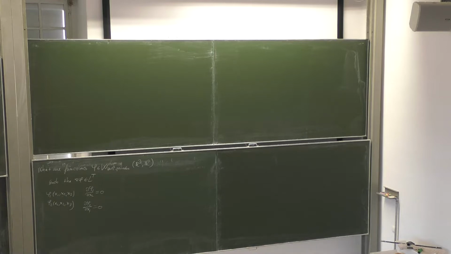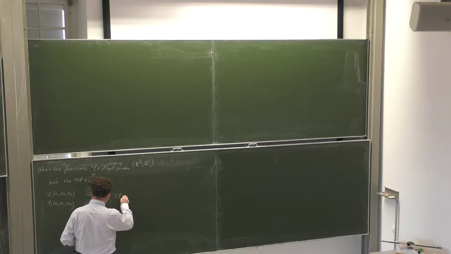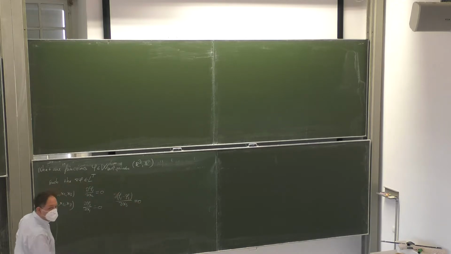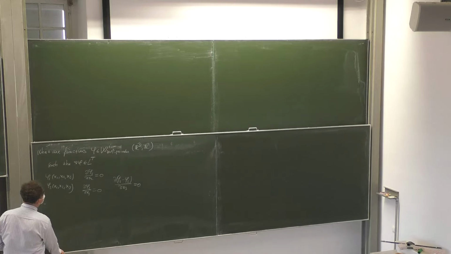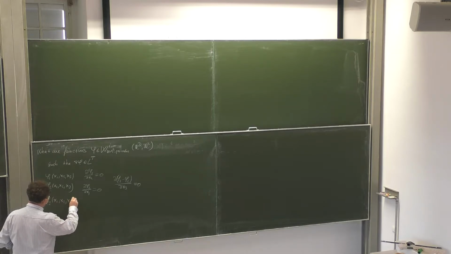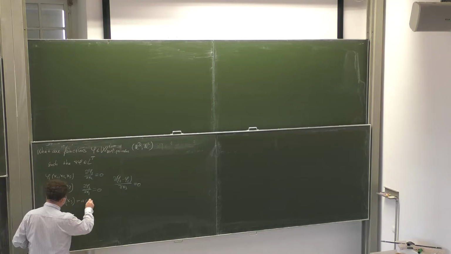The last component has to be the same. So finally, from this condition, you get that phi1 of x1, x2, and x3 is A of x1 plus B of x3.